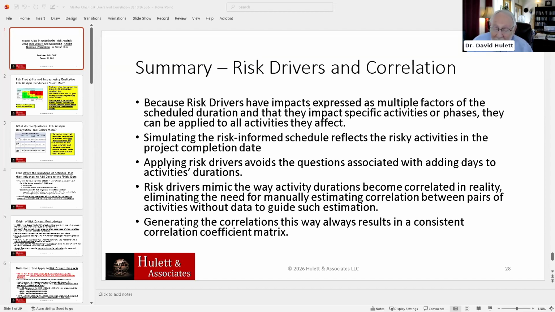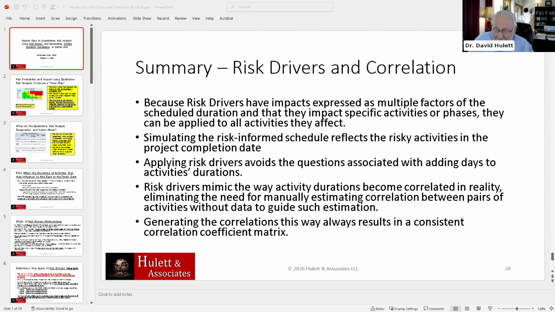But he did the analysis and gave a report at a NASA conference to show that if you apply the risks this way, either cost or, he promised me, also schedule, you will always get a consistent correlation coefficient matrix.